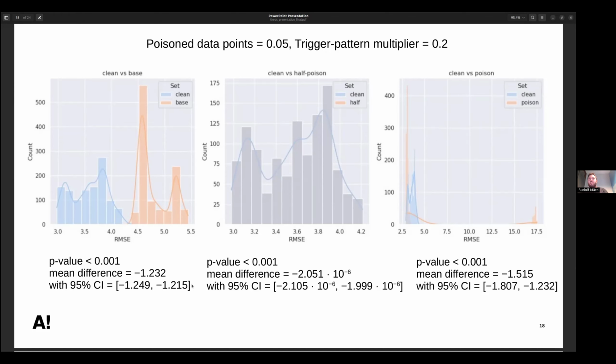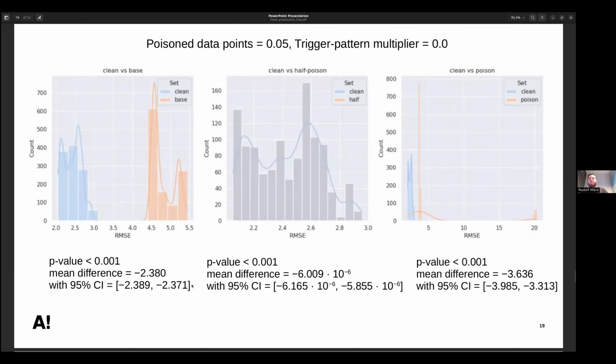So let's take a look at the next experiment. So here also 5% of the training data set was poisoned, and the trigger multiplier was stronger, 0.0.